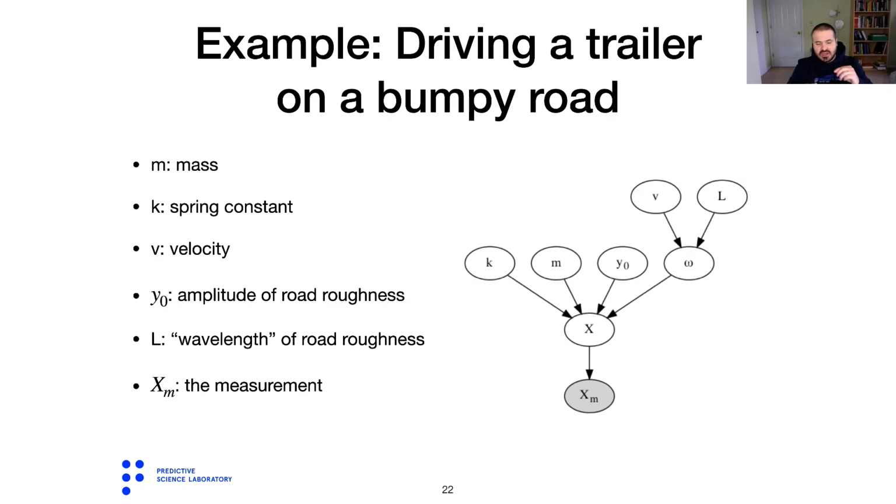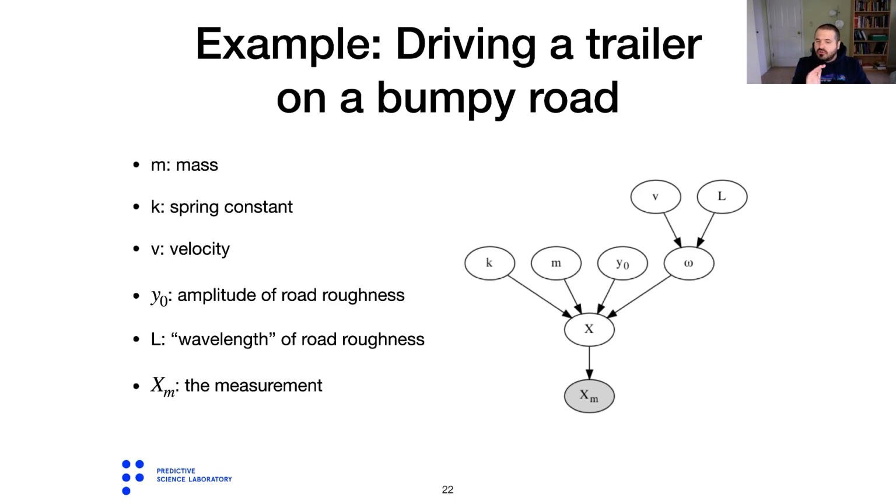But the measurement is nevertheless the child of the amplitude node. It is the true amplitude that is affecting what you measure. It just happens that you don't measure exactly that, you measure that with some noise. Now, the only thing that I want you to observe here before I introduce the calibration problem for this particular case is that I have made the measurement node gray.